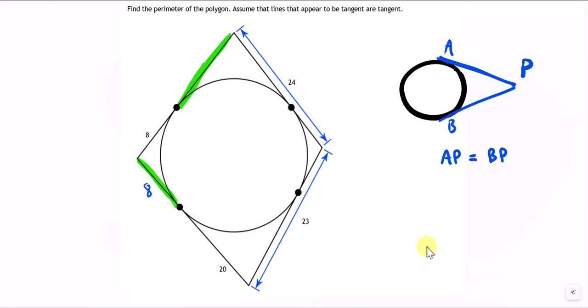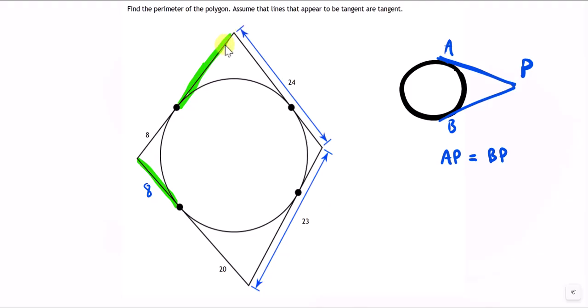Now, going back to the figure, the only missing length is this one. This is the remaining value that I'm still looking for. So how do I find this value? Well, I look at this figure again.